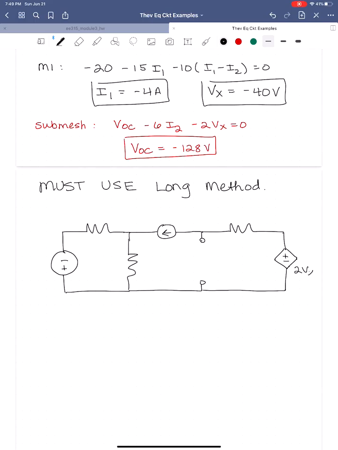So here's 2Vx, here's 6 ohms, 8 amps, 10 ohms, the voltage Vx, 15 ohms, and 20 volts.